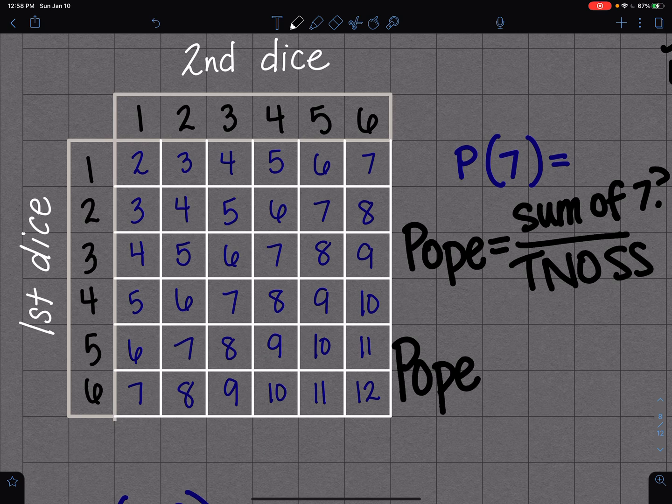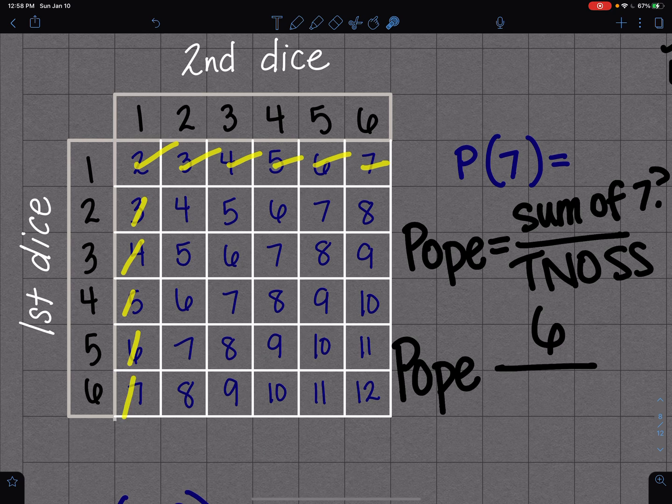Well, I'm just going to cross them off, I guess. Let's do 1, 2, 3, 4, 5, 6 ways you can get 7. So I'm going to put a 6 on top. And what are the total number in the sample space? Now that does include the 7s that we just counted. So it would be 1, 2, 3, 4, 5, 6 times 6.